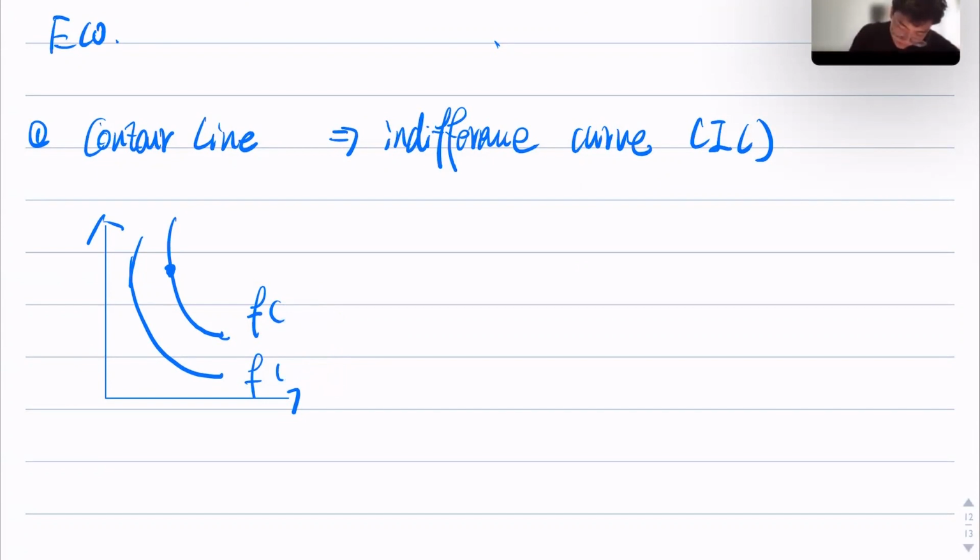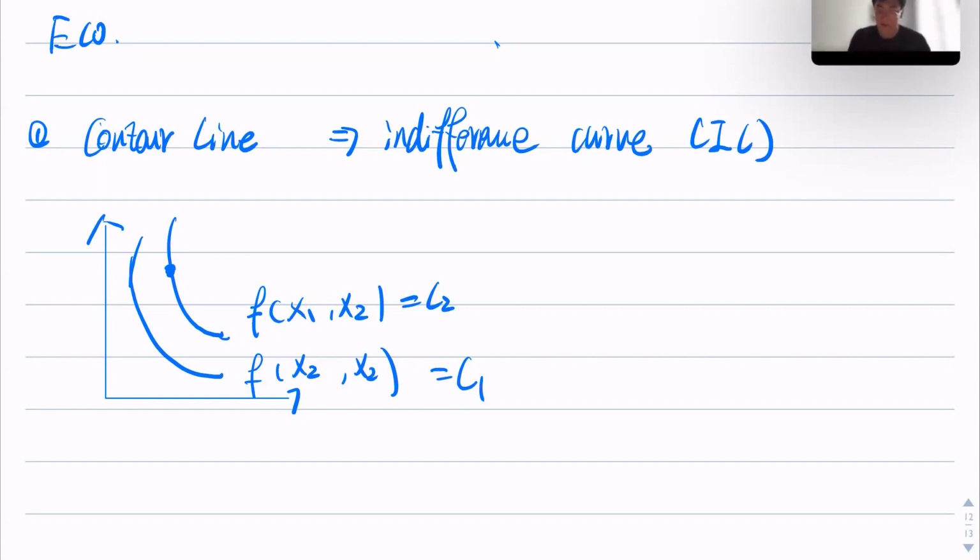To make this more applicable, we will put this as x1, x2, where x1 and x2 stand for good one and good two, the quantity of the good. This function means that at any point on this curve, the different combinations of x1 and x2 always have the same value.